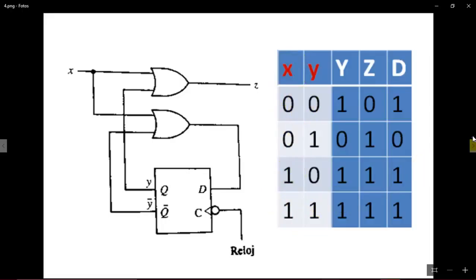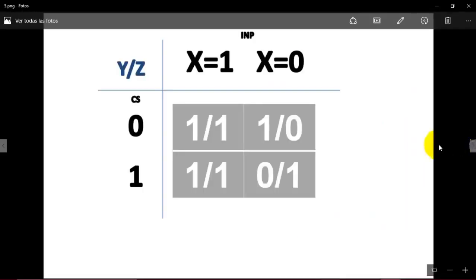Here are our inputs x and here are our states, and here we are going to put our current state, which is y, and our output, which is Z.